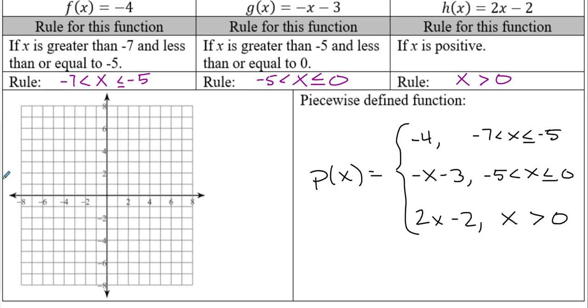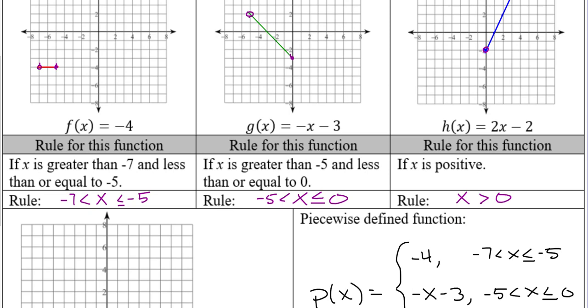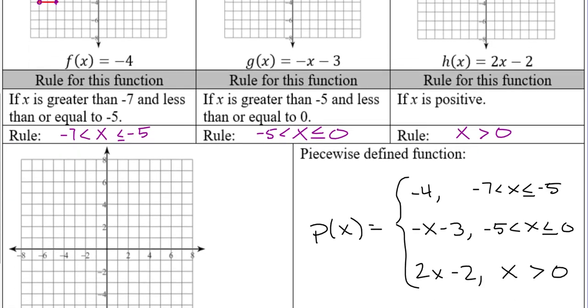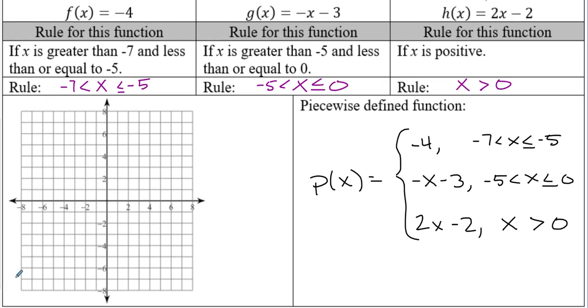And the easy way that we can graph this is we have all of our parts right here. So let's go ahead and do that. We had a line from, let's do this in red, we have our line from -7 to -5 at -4. So -7 was open, -5 was closed, and this might look a little ugly.